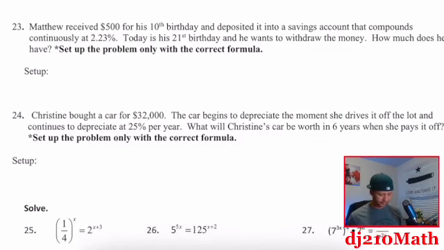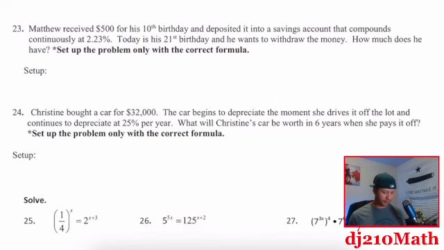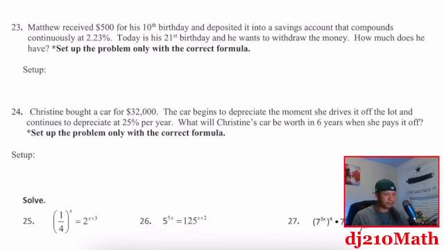Okay, 23. Again, we're setting it up with the correct formula. So let's see what it's talking about. Matthew received $500 for his 10th birthday. He deposited it into a savings account that compounds continuously.